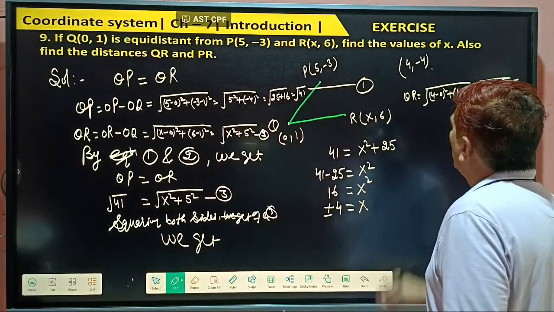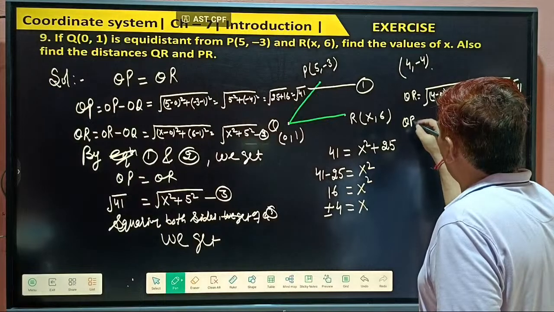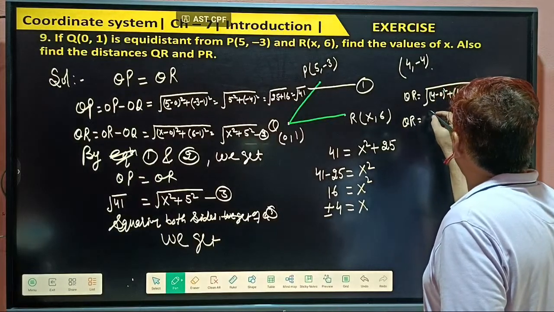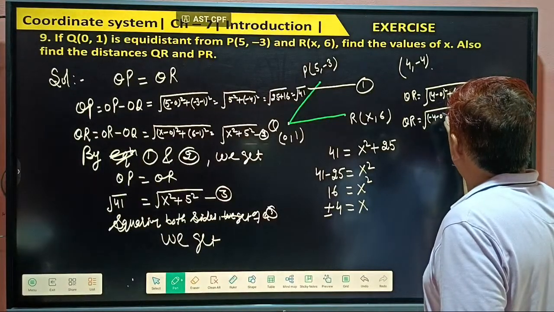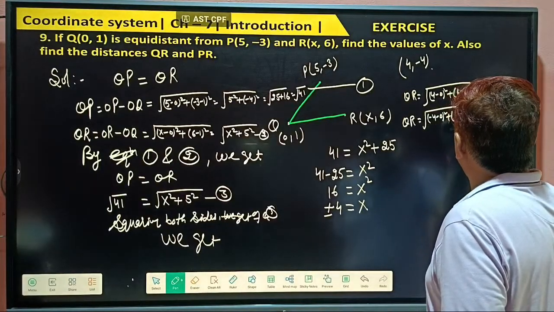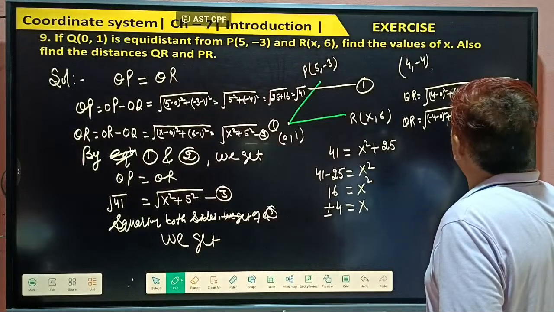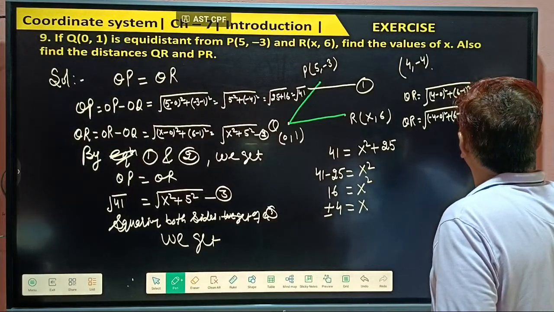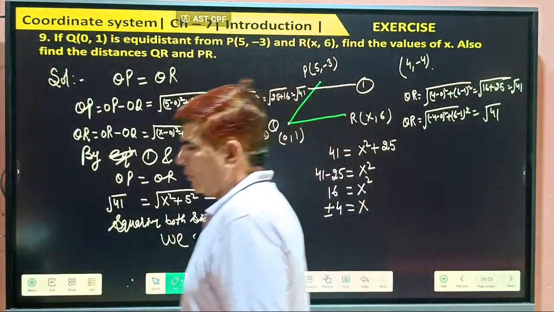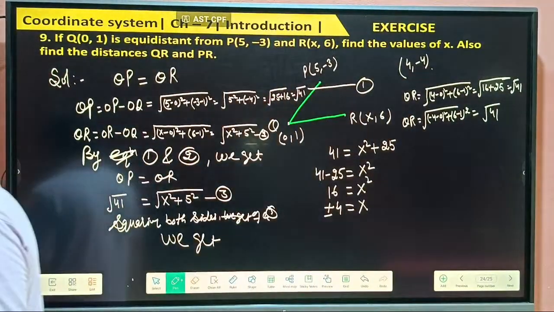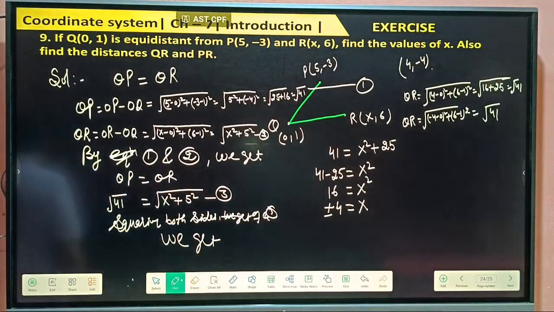Satisfying. And if we are taking minus 4, QR equal to this, then (minus 4 minus 0) square plus (6 minus 1) square, so again this is coming under root 41. So two values of x are possible. One is x equal to 4, other is x equal to minus 4.